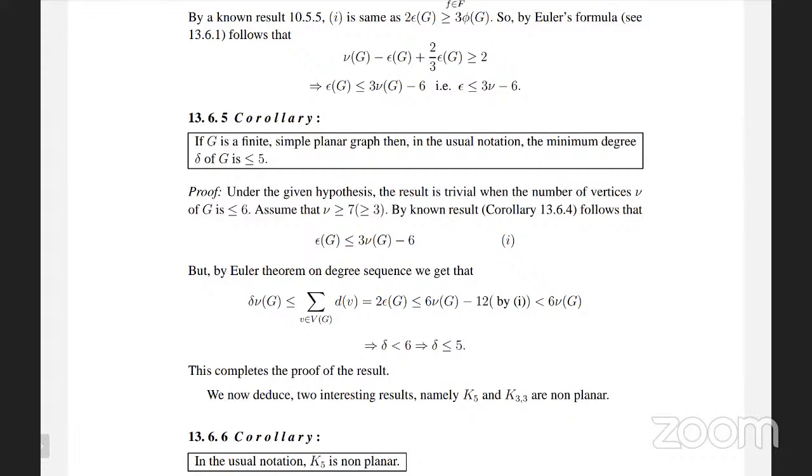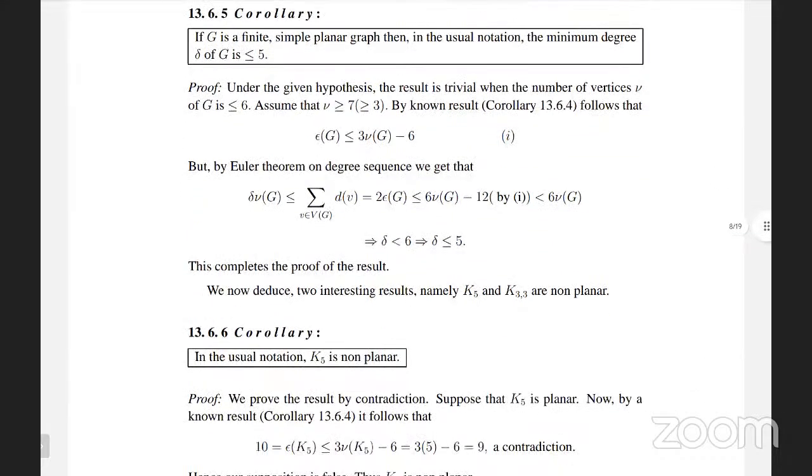It follows that epsilon of G is less than or equal to 3 times V of G minus 6. By Euler's theorem on the degree sequences, we get that delta times V of G is less than or equal to the summation of D of V, which equals 2 times epsilon of G, which is less than or equal to 6 times V of G minus 12. By 1, it is less than 6 times V of G. So delta is less than 6. So delta is less than or equal to 5. This completes the proof.